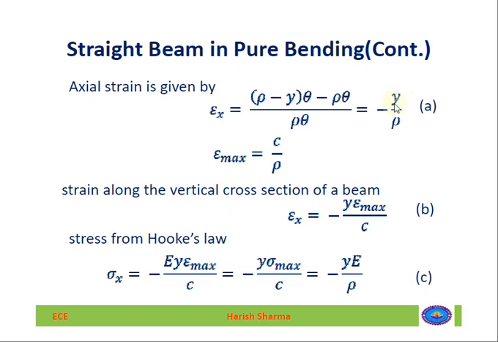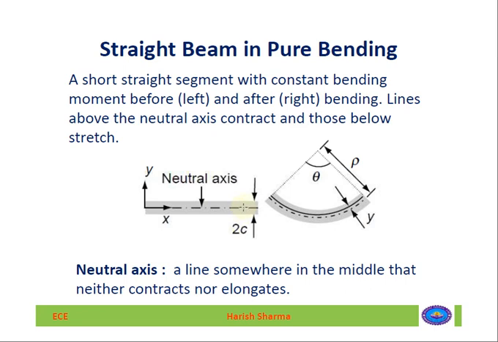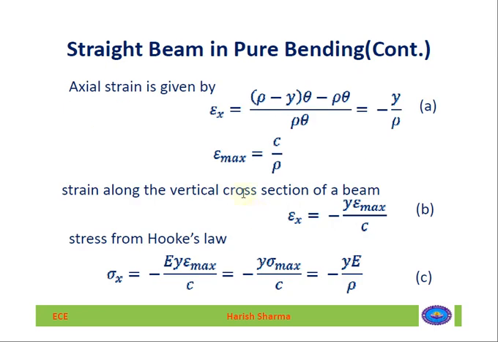The maximum value of y will give the maximum strain, that is epsilon max equals C by rho, because the total thickness of this bar is 2C, so half of it is C. Taking the strain along the vertical axis of the beam, we replace rho with C by epsilon max.